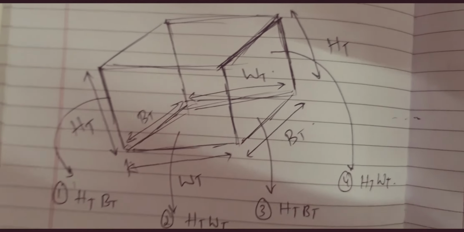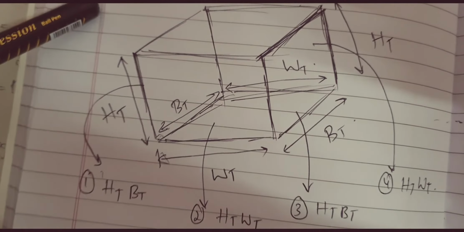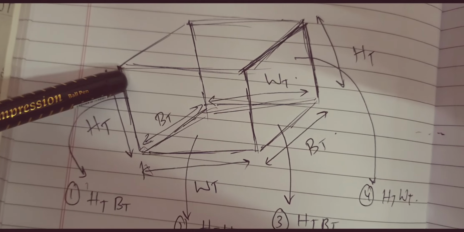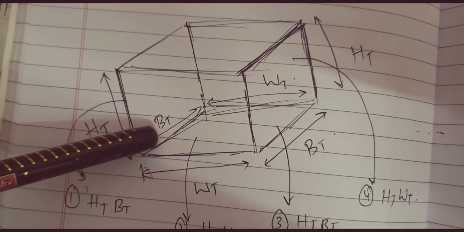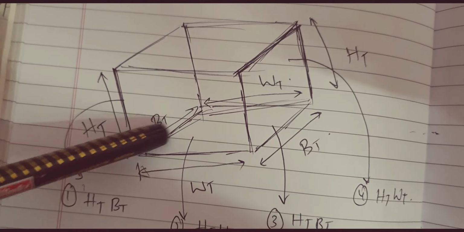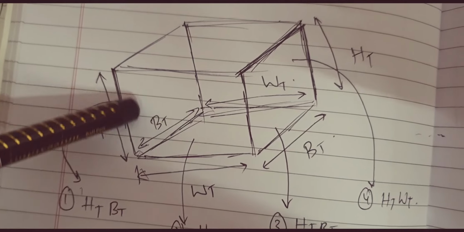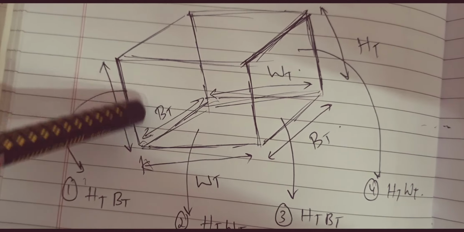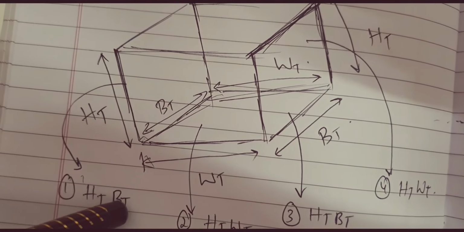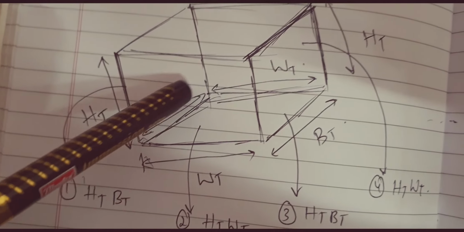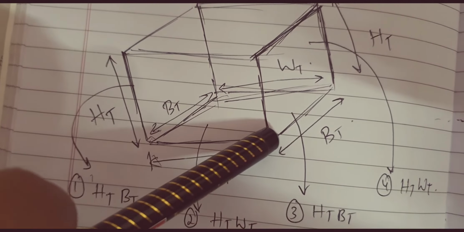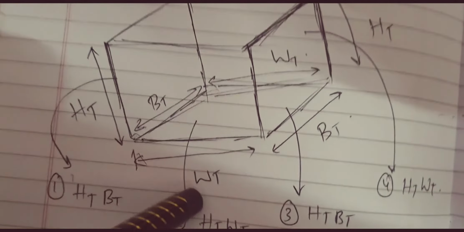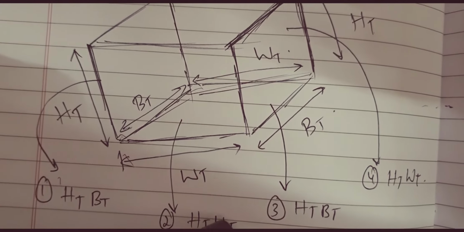Now if you see here, I am calling this surface the first surface, and here the height is HT and the width is BT, that is the breadth is BT. So the area of this surface is nothing but HT BT. This is the second surface. Here HT is the height and WT is the width. So the total area here is HT WT.